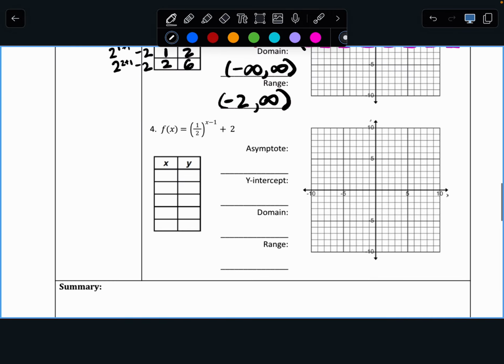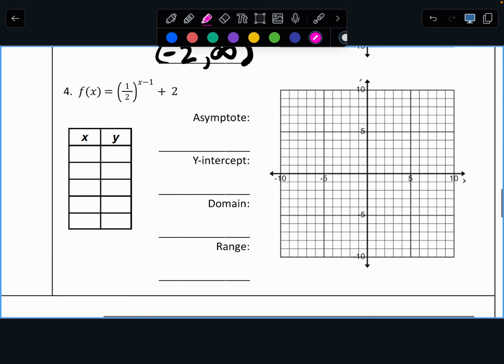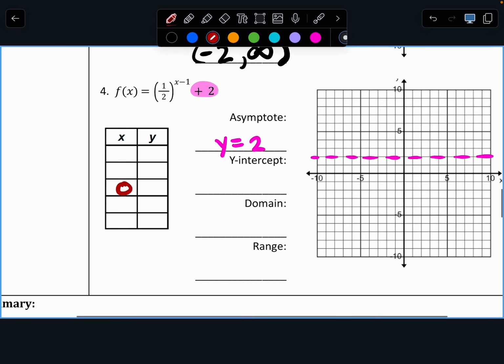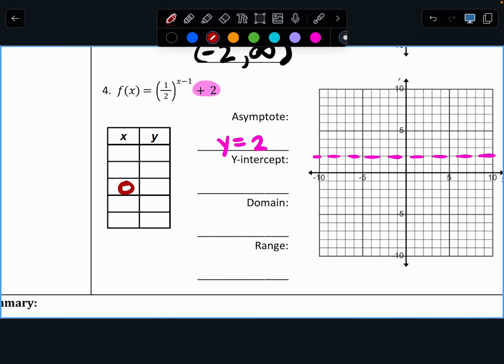Last example. K is 2, so my asymptote is y equals 2. Y-intercept is 0 something, so let's plug in 0.